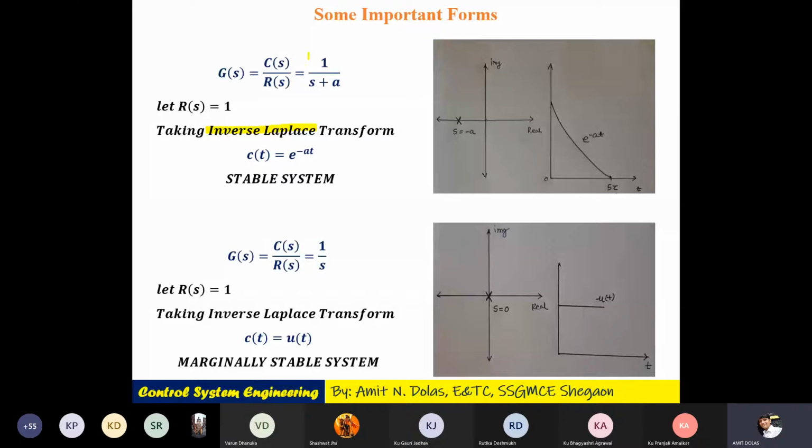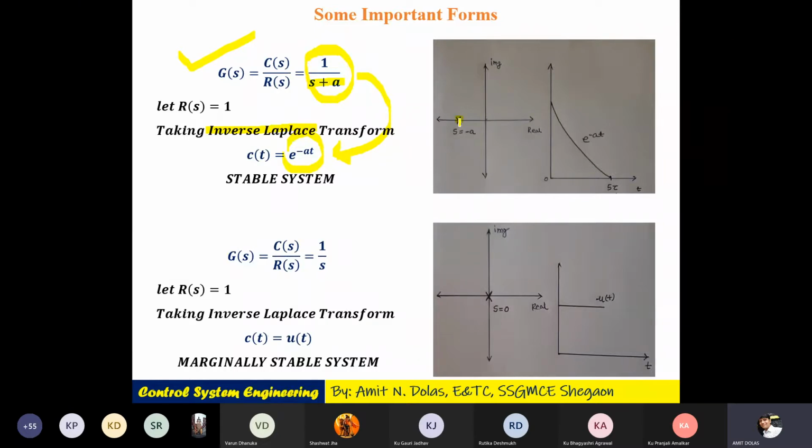We had a table in the second lecture that the Laplace transform of e raised to power minus at is 1 upon s plus a. Of course, the inverse Laplace transform will be e raised to power minus at. To find the pole of this system, we equate s plus a equal to 0, therefore the pole will be s equal to minus a.